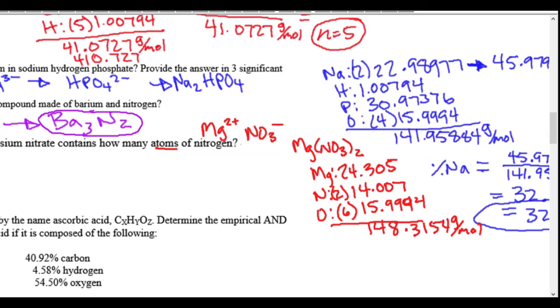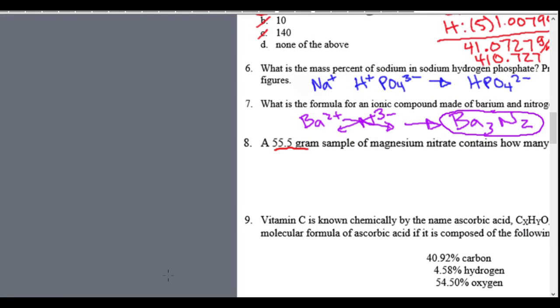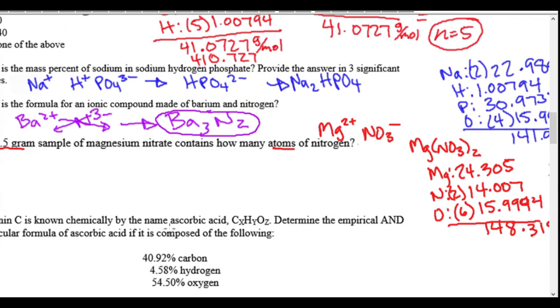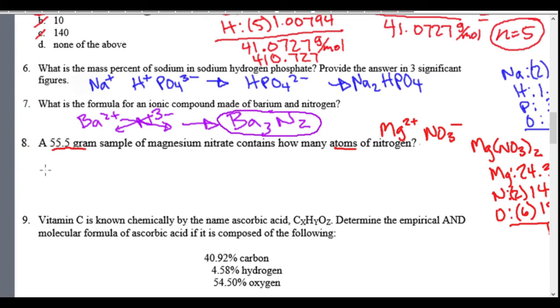So, let's go back over here. Okay. So we have 55.5 gram sample of MgNO3, and then we're going to use the molar mass to find out how many moles of magnesium nitrate. Once we have the moles of magnesium nitrate, we can use the ratio. For every 1 mole of this, there's going to be 2 moles of nitrogen, right? Because of the 2 gets applied there.